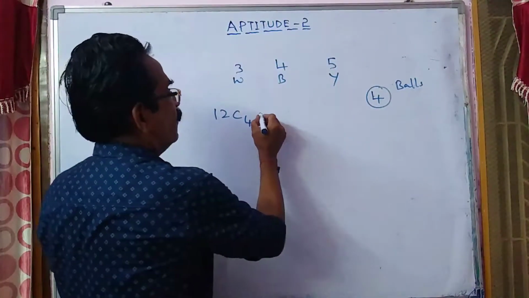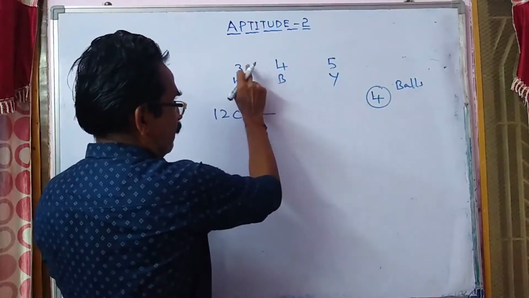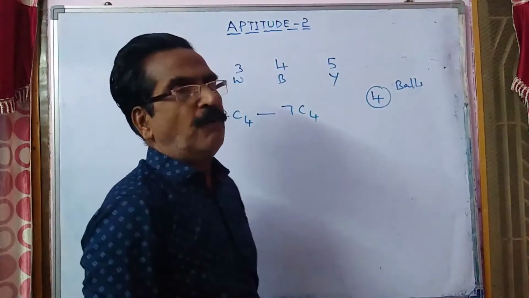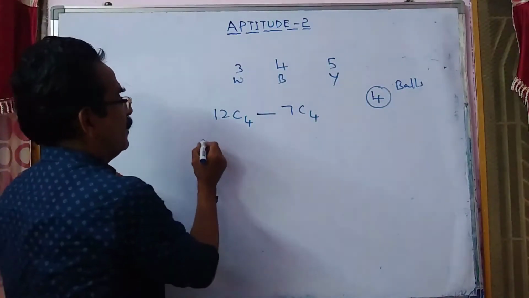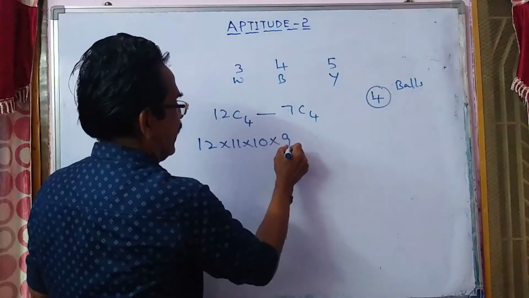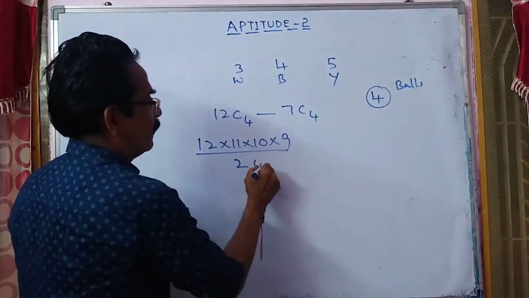So 12C4 minus without yellow means you have to select the 4 balls from these 7 balls. 7C4. 12C4 minus 7C4 is your answer, friends. 12 into 11 into 10 into 9 by 4 factorial, 4 factorial 24.